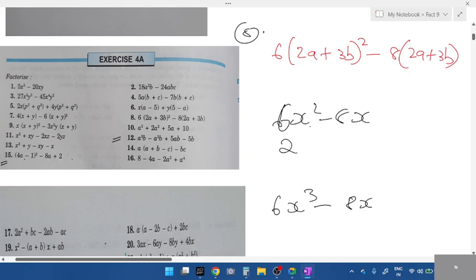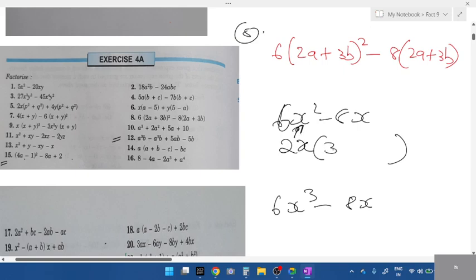What about x? X square and x, which is smaller one? X is small. What's the value? What's the remainder? No. Remainder is this. You have to divide.